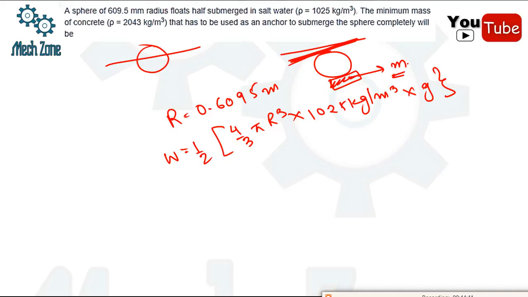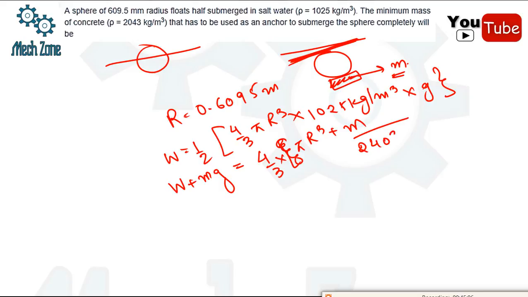Now when the mass m has been added, W plus mg would be equal to 4/3 pi r cube into 1025 g, where r is the radius of the sphere.